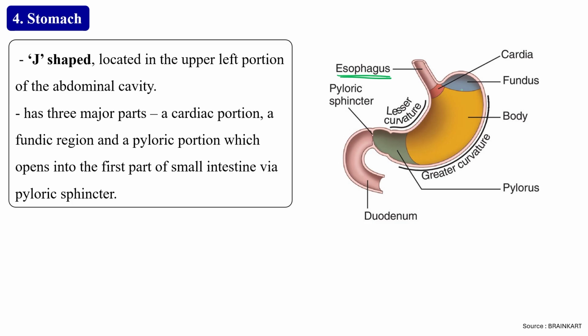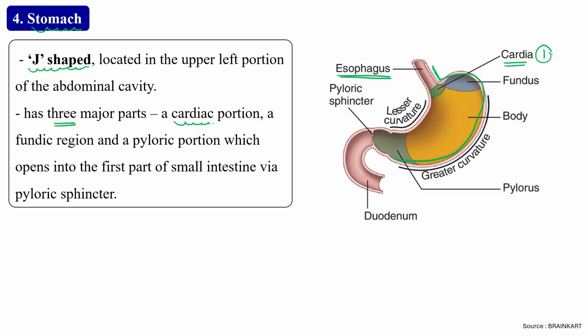And after the esophagus, there is a J-shaped area, which is known as the stomach. What is the structure? A J-shaped structure. The upper portion of the stomach is known as the cardia, the first portion. There are three major parts of our stomach.